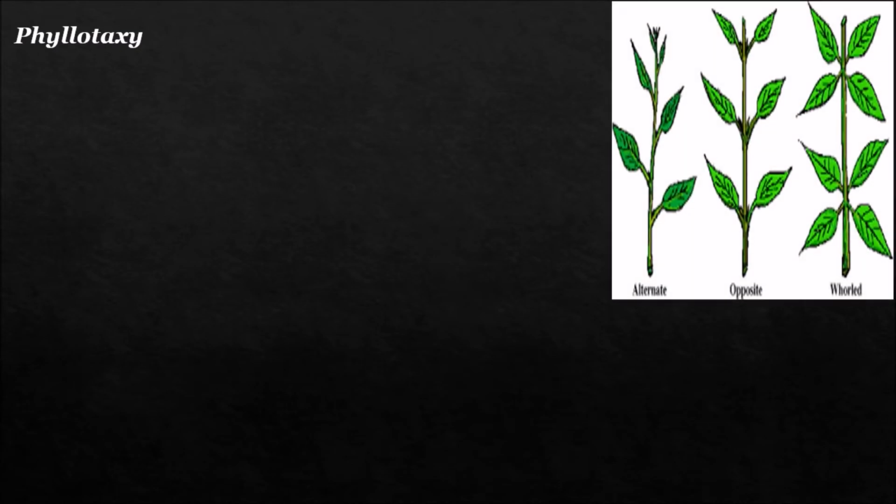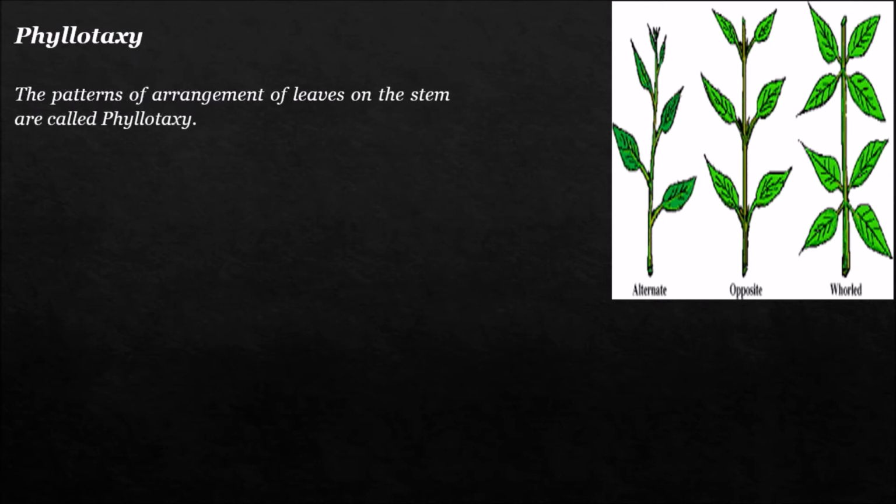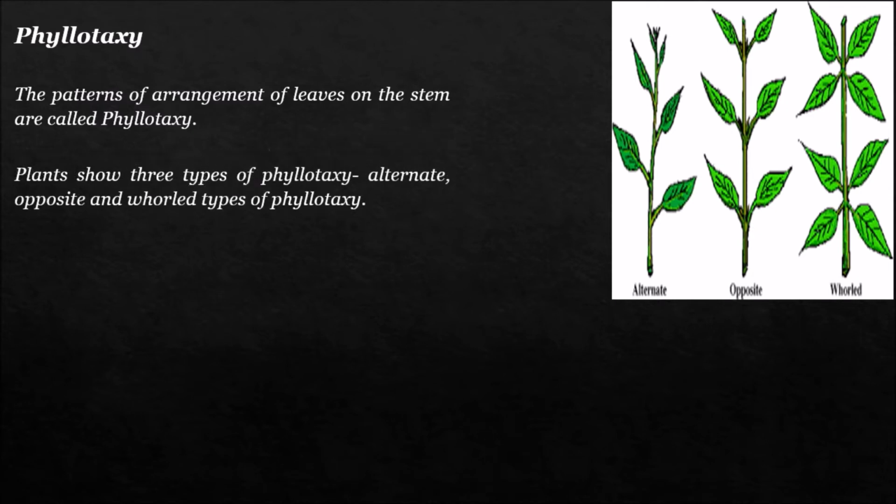Coming to phyllotaxy, what is meant by phyllotaxy and how to define phyllotaxy? The patterns of arrangement of leaves on the stem are called phyllotaxy and show 3 types of phyllotaxy. One is alternate, opposite and whorled type of phyllotaxy.